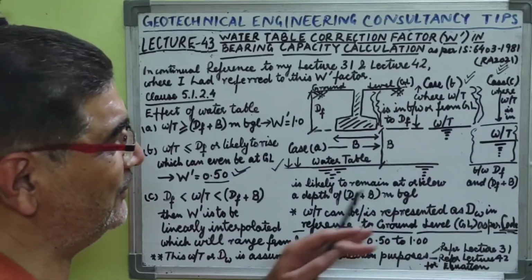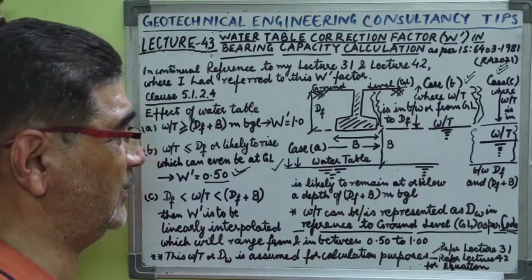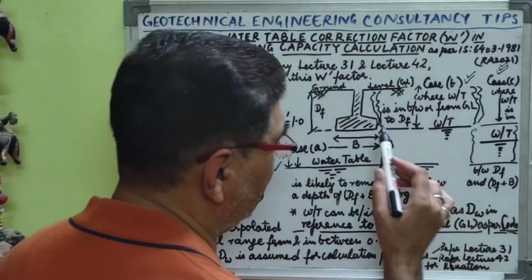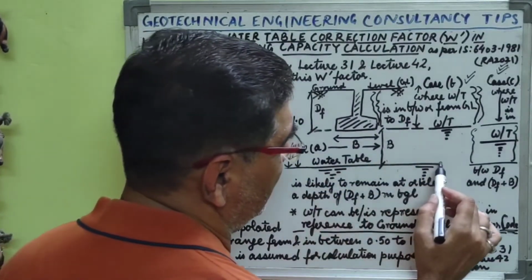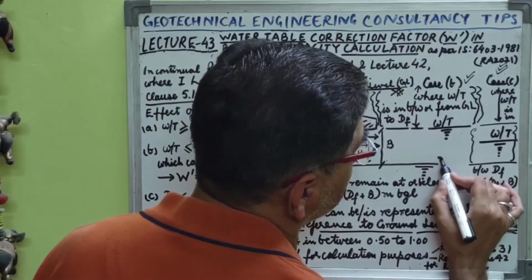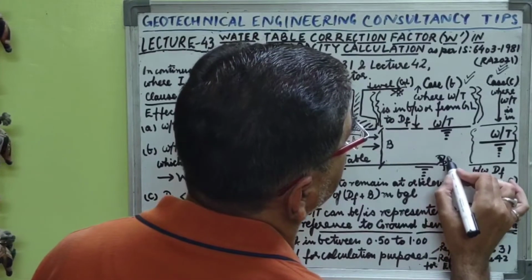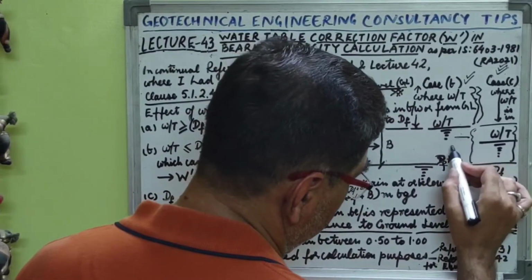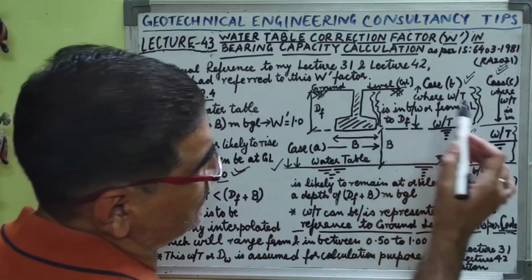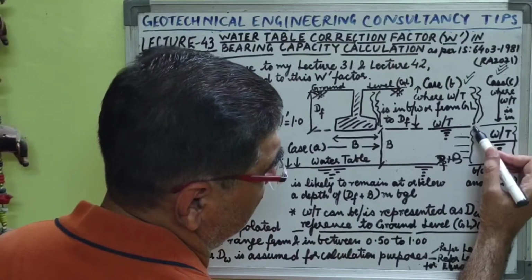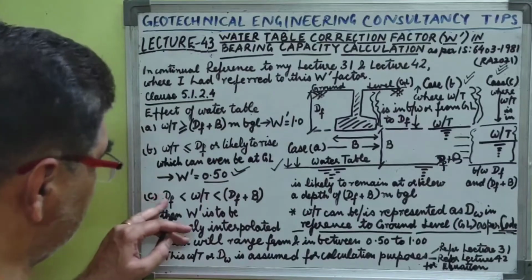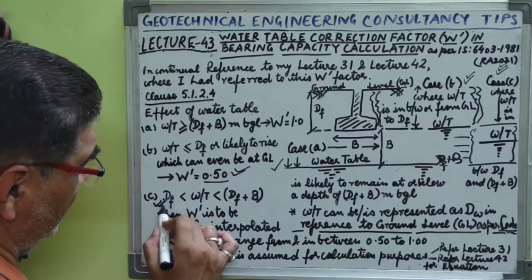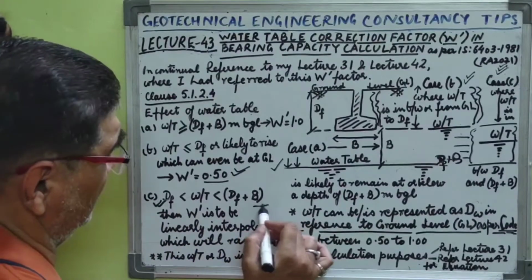And the third and very last case which we may encounter while doing the bearing capacity calculations is when the water table is found to exist in between the proposed foundation depth and the level defined as DF plus B. That is, the water table may be here, here, here, or here, within this range of depth of foundation and depth of foundation plus width of footing.